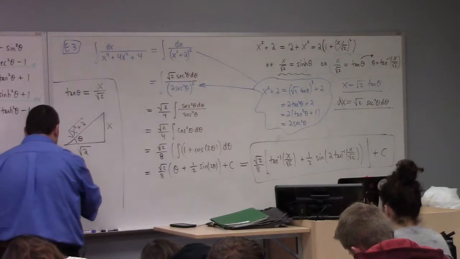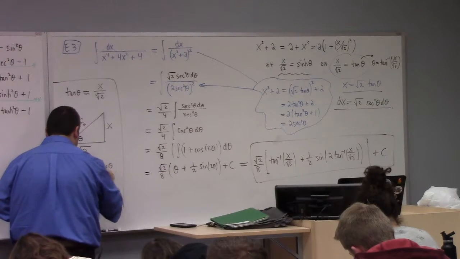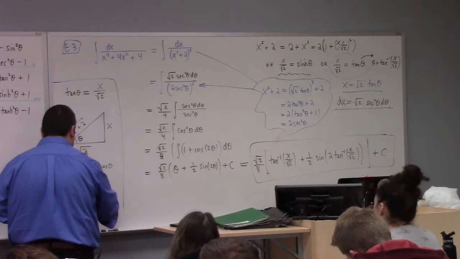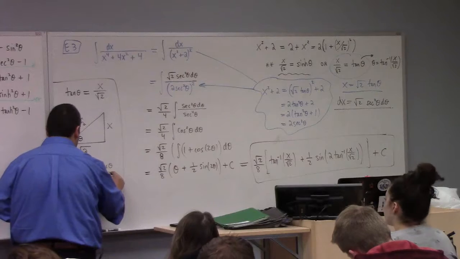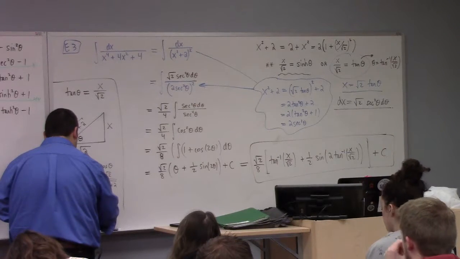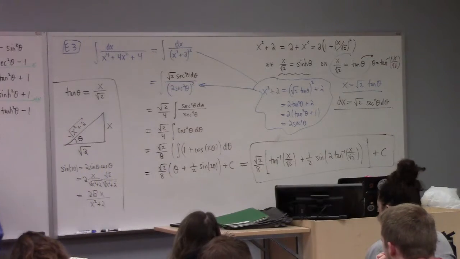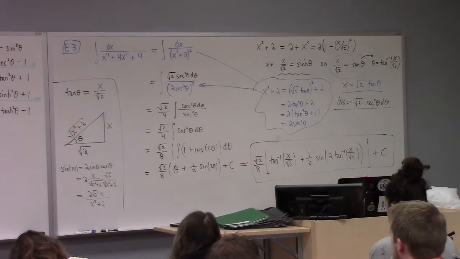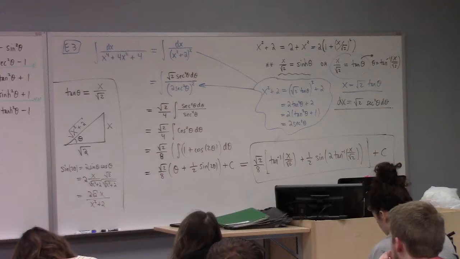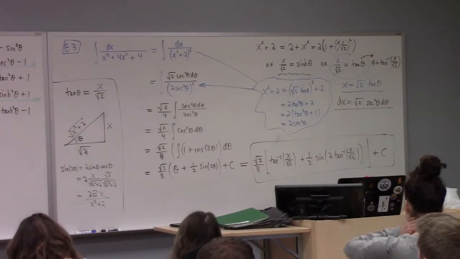And so sine of 2 theta would be 2 sine theta cosine theta, which in this case would be 2x over the square root of x squared plus 2 times square root of 2 over the square root of x squared plus 2. So that would simplify to 2 root 2 times x divided by x squared plus 2. So we could rewrite the last half of that answer as that algebraic function, of course taking into account the fraction sitting over there in front. Anyway, we will do more of these, but this is basically the idea.